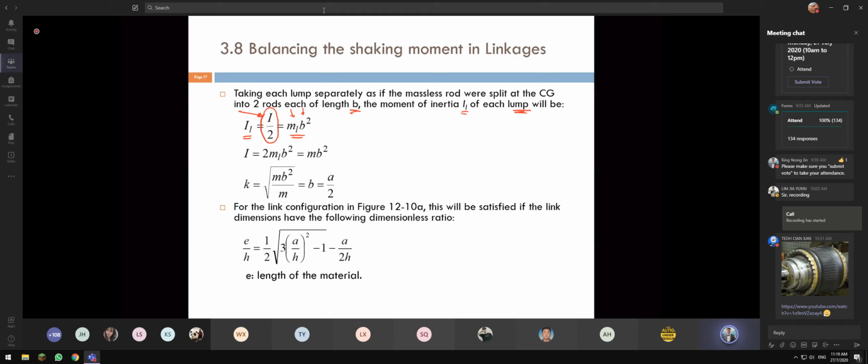Rearranging it, my I will be equal to 2 m l b squared. Then it will equal m b squared, because 2ml is actually m. This is the first condition we try to fulfill.